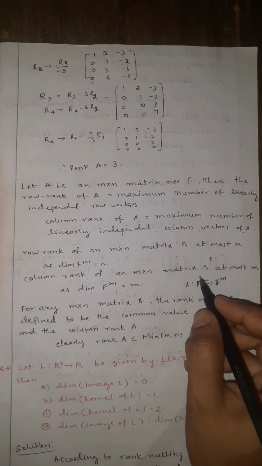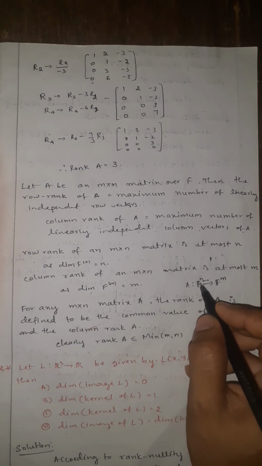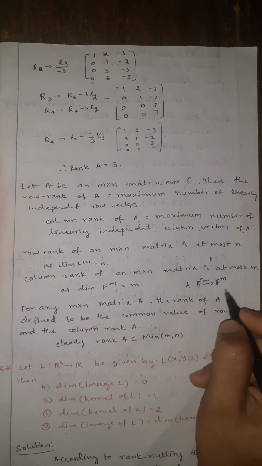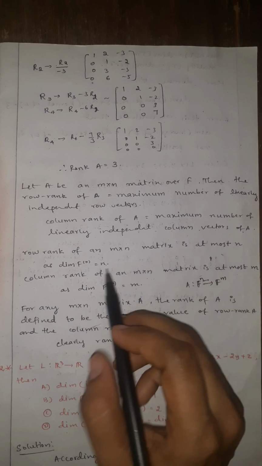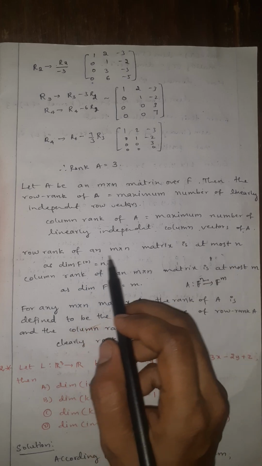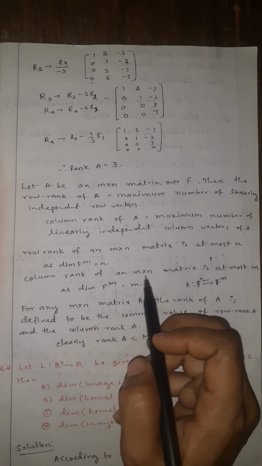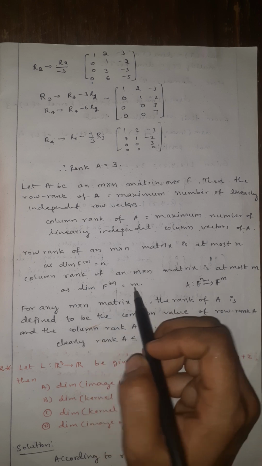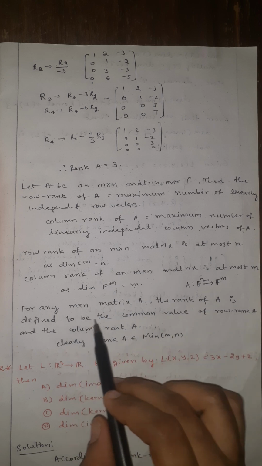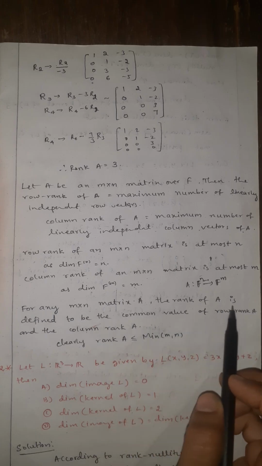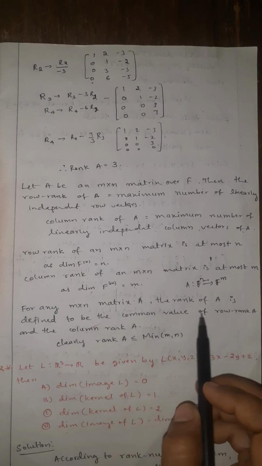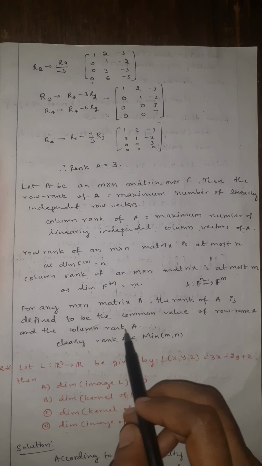So row space is a subspace of Fn and column space is a subspace of Fm. So row rank of an m by n matrix is at most n and column rank is at most m. Now for any m by n matrix A, the rank of A is defined to be the common value of the row rank of A and the column rank of A.